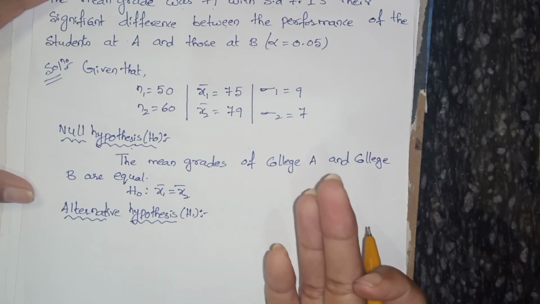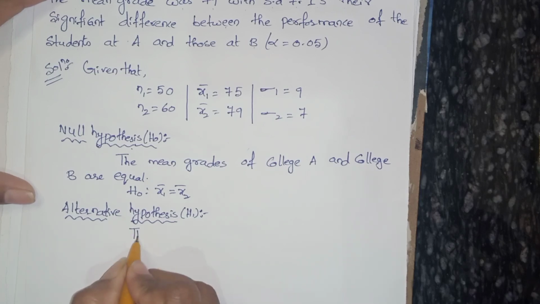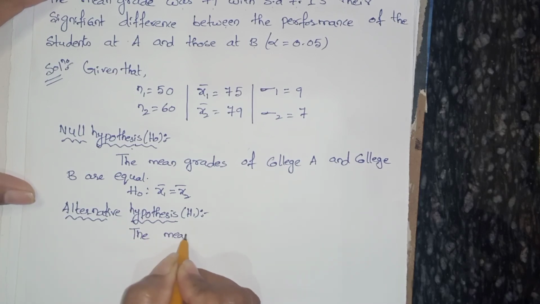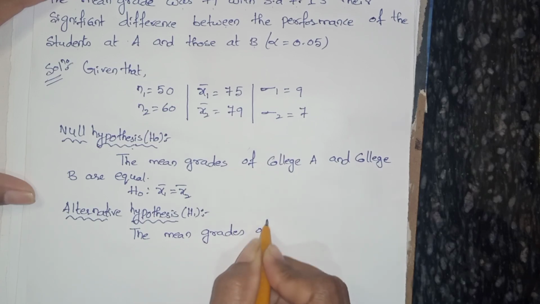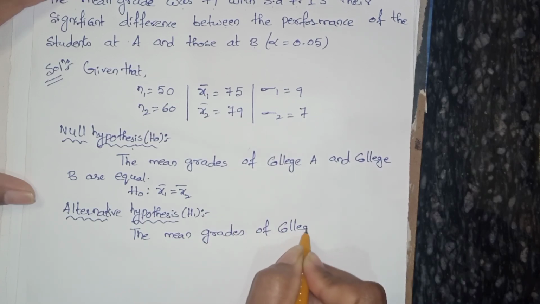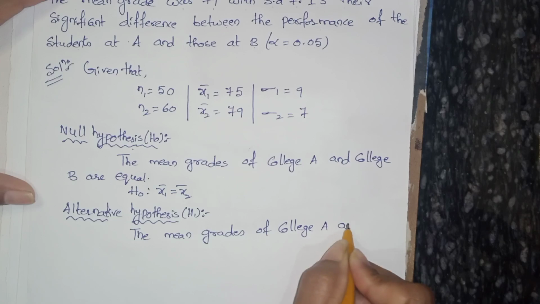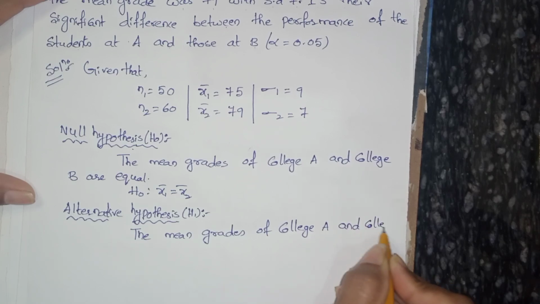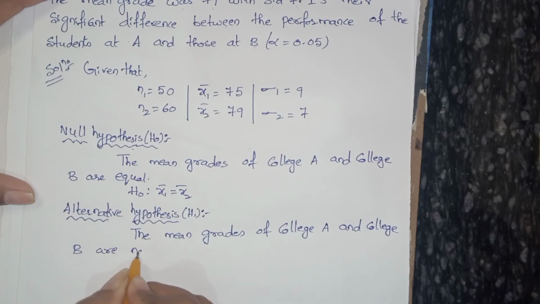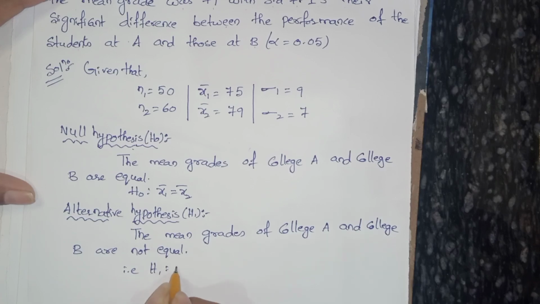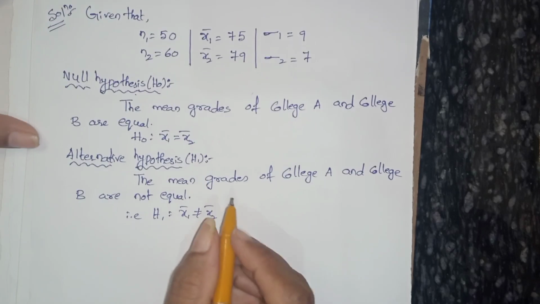We have to write the statement: the mean grades of college A and college B are not equal. So that is nothing but H1 such that x1 bar not equals x2 bar.